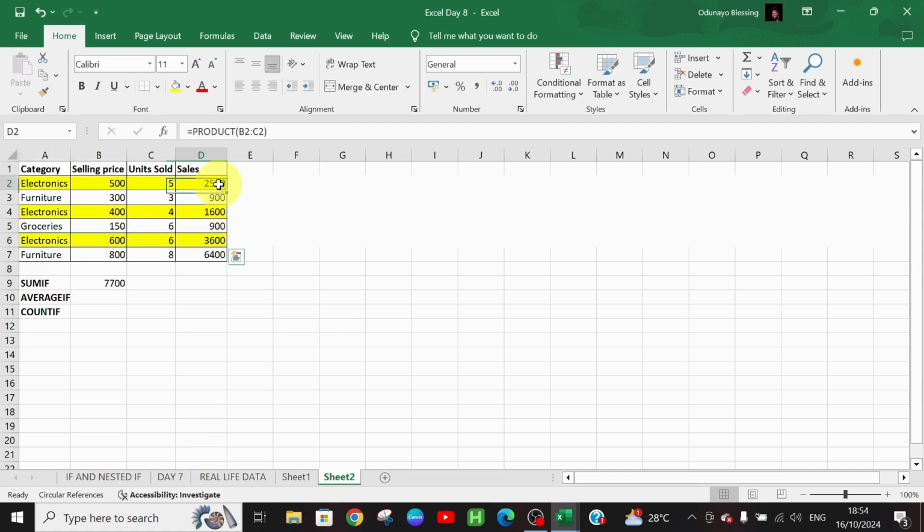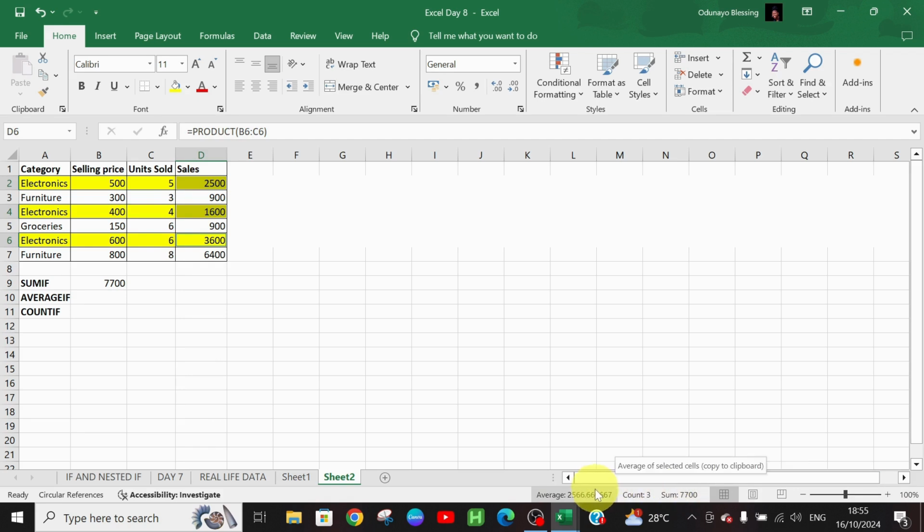If you pick these three data and look at the bottom, you get the sum to be 7,700, the average to be 2,566, and the count to be 3, which is the same thing we are trying to do here. Just highlighting it gave us these figures at the bottom, which you can always access.